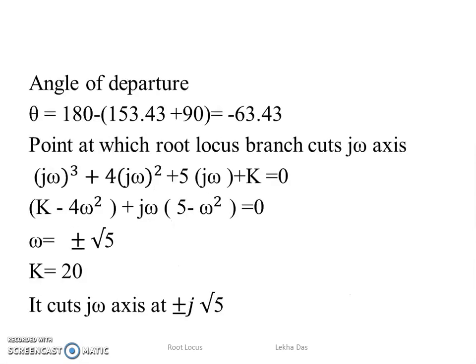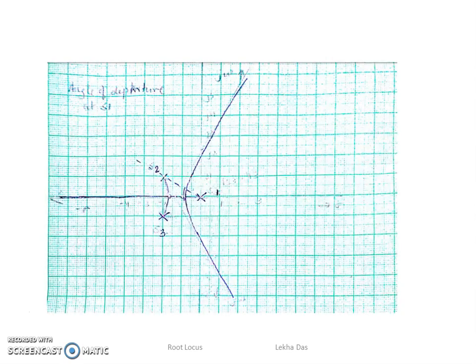Now the angle of departure theta is 180 minus (153.43 plus 90). How did we get that? Consider this open loop complex pole. Get the angle contributed by the remaining two poles. If you have zeros, you have to consider that also.